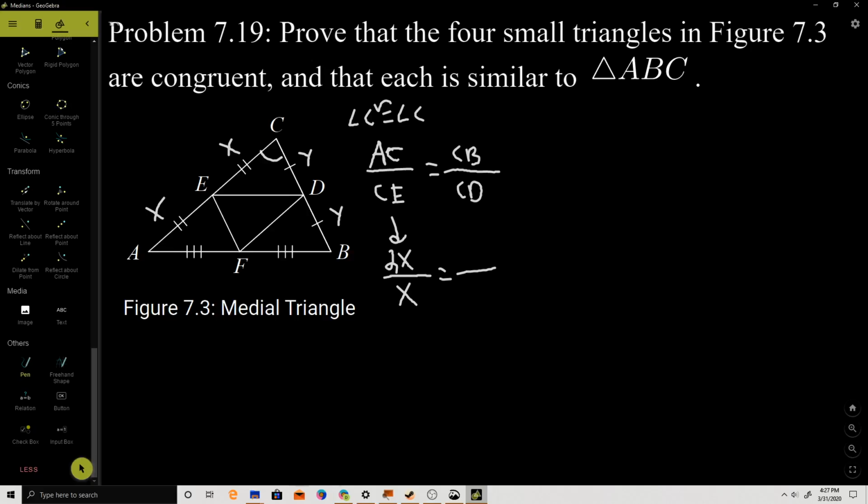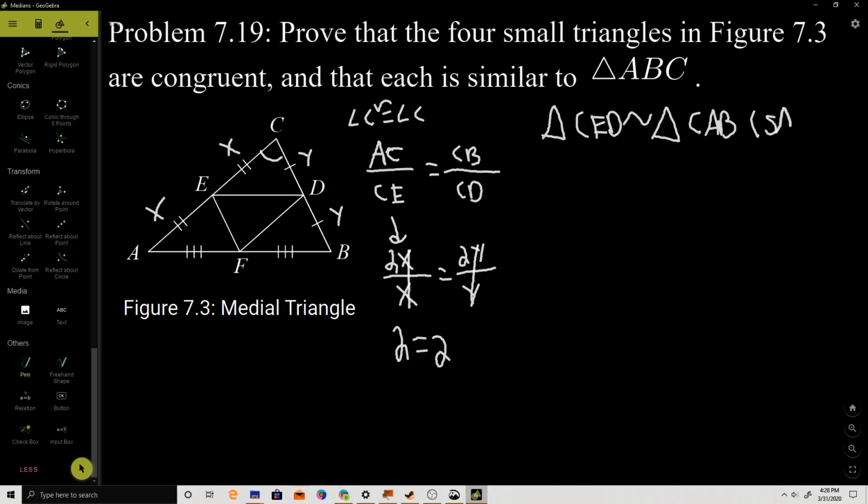Compare that to CB, which has a length of 2y, and CD has a length of y, which means that those cancel out and we're left with 2 equals 2, a perfect proportion, which means that triangle CED is similar to triangle CAB, and what we just used was side angle side. So, wonderful.